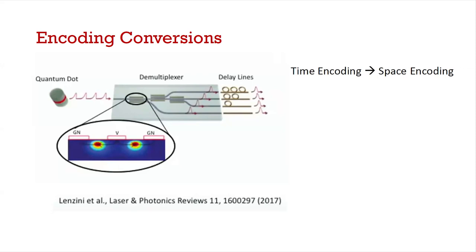Then you can introduce some delays. The photon is of course very fast, but you can introduce short delays by rolling your fiber or making it go through a longer distance, so you can generate different delay times. Therefore you can map different time delays to different spatial encodings. So these are convertible.